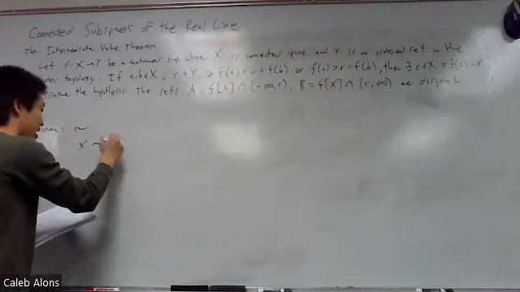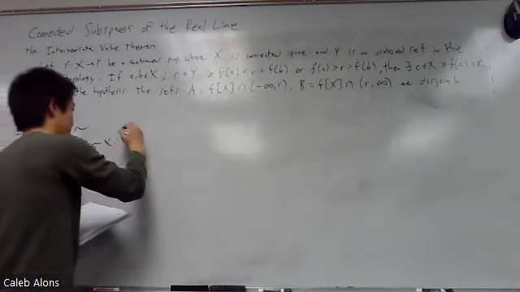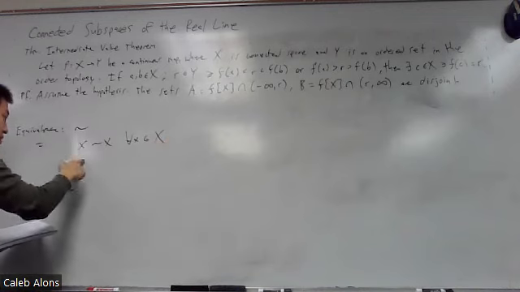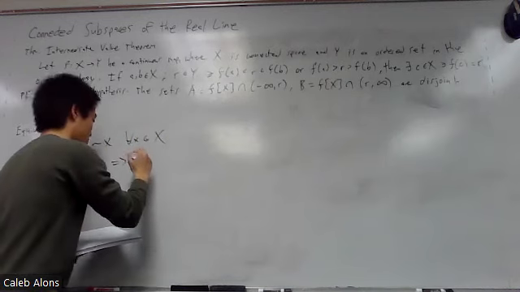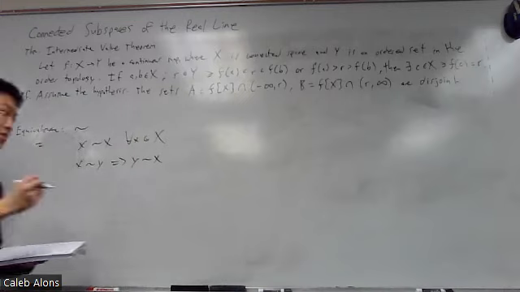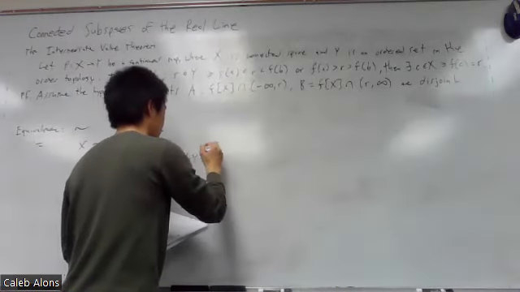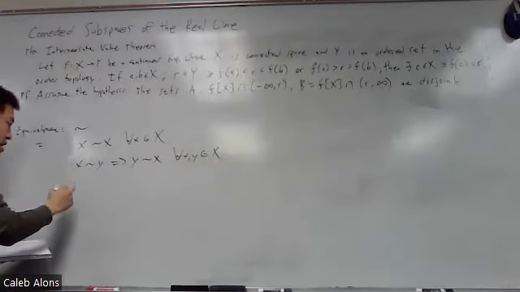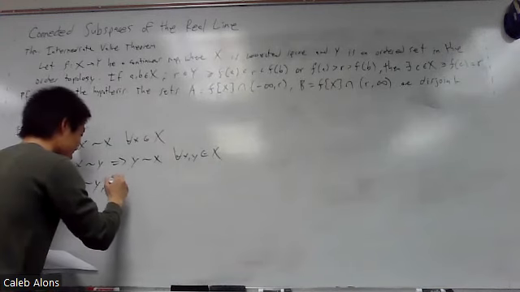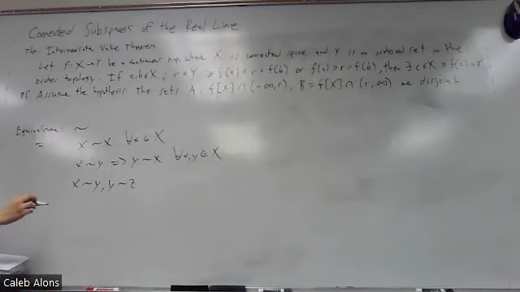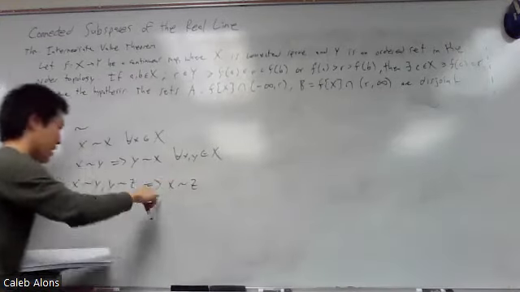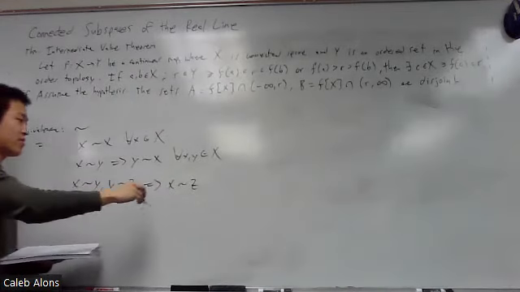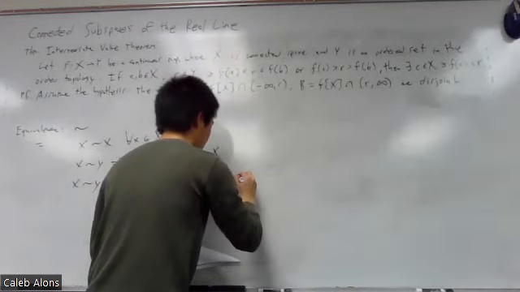So we need x to relate to x for all x. Now, if x relates to y and we're equivalent, then y better relate to x. That better be true, not just for some cases, but for all cases. And then if x relates to y and y relates to some z, where the relation is equivalence, we would hope and we require that x relates to z the same way. That needs to be true for all triples.